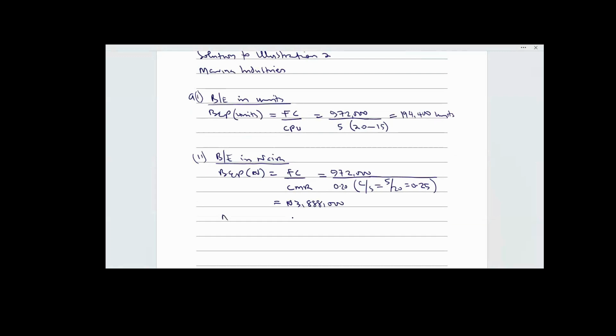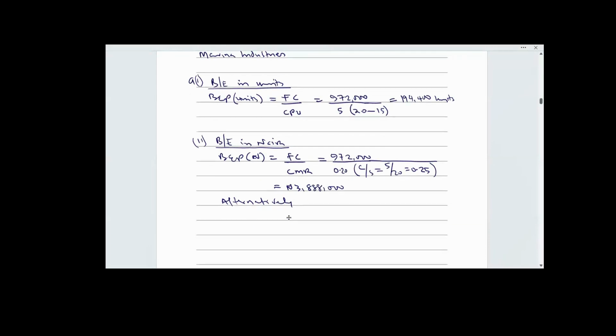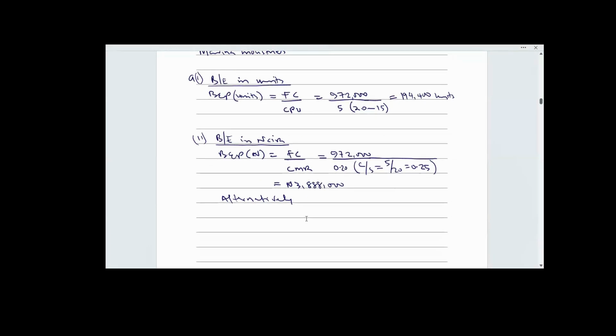Alternatively, since I already have break-even points in units, I can say break-even points in naira equals break-even points in units multiplied by selling price.